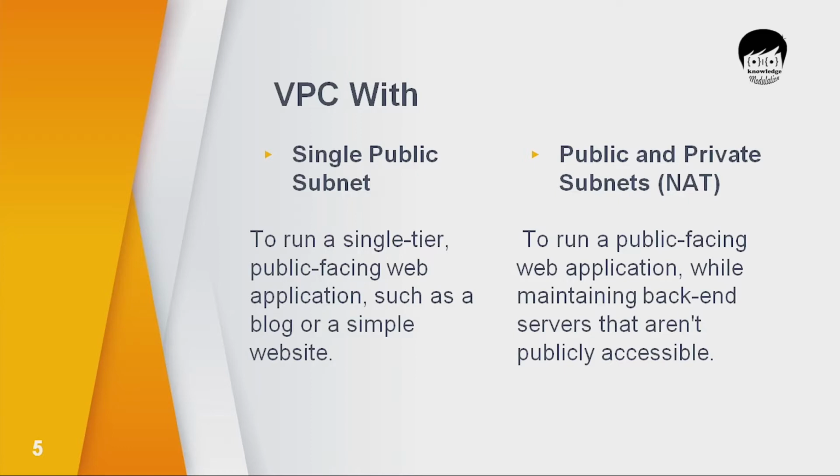So we must host the web page in the public subnet and the database in the private subnet. Such a configuration comes under multi-tier architecture. For that purpose, we have to use this type of VPC, public and private subnets, and we have to use a NAT gateway to communicate between the private subnet and the public subnet. So in that type of scenario, we will go with public and private subnets.